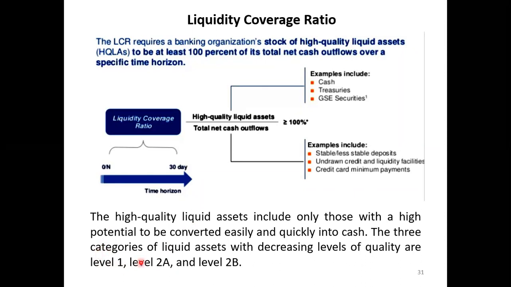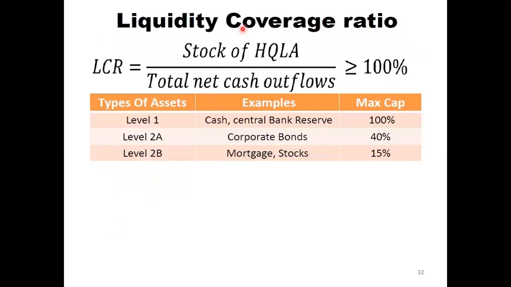Level 1 is always money, right? Cash is level 1. Here level 1 includes cash and central bank reserves. So they should keep 100%.